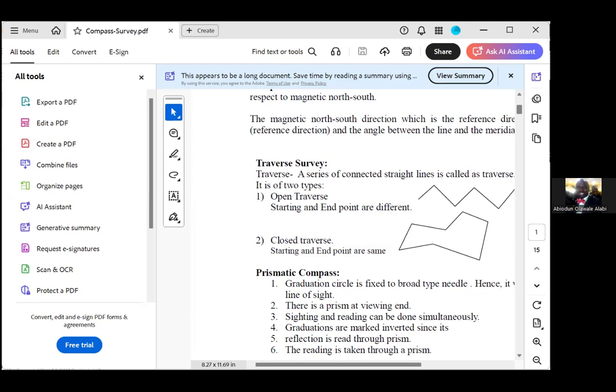I hope you've done so. Then the difference between Gunter's chain and engineer's chain. So I think I've mentioned all now. Yes. So let's move to another topic.